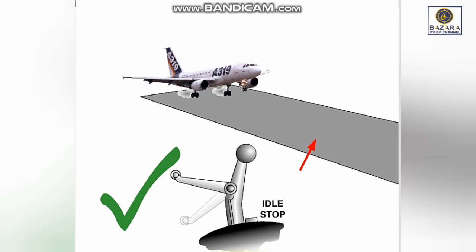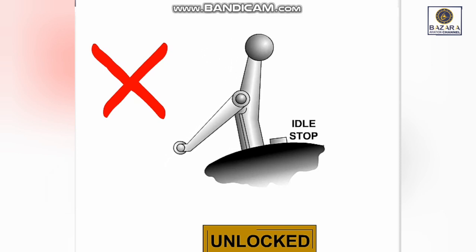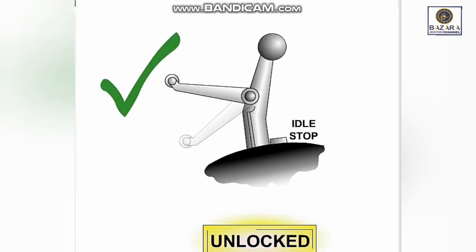And the second one: here we have our throttle, and here we have the control of the thrust reverser. The thrust reverser cannot be selected until the throttle lever is at the idle point.